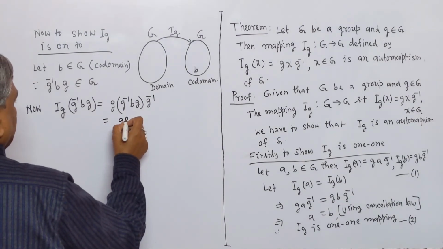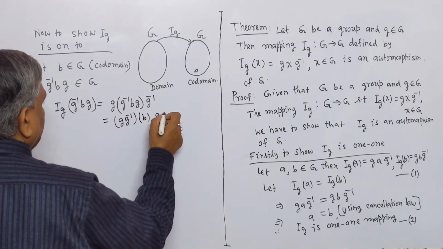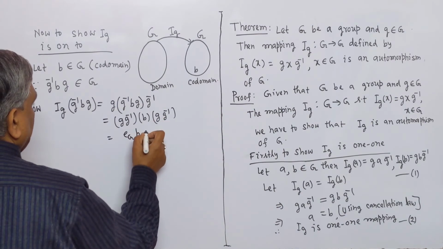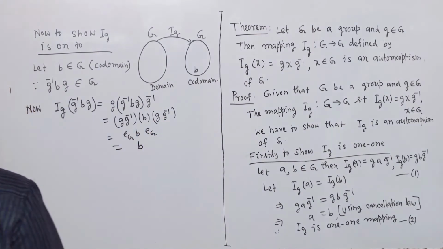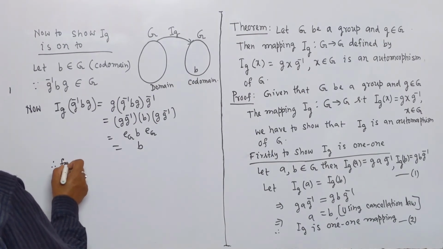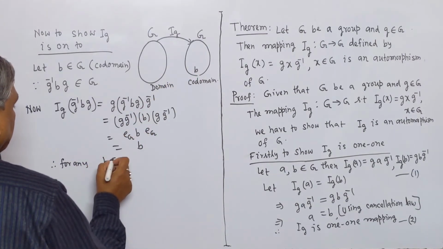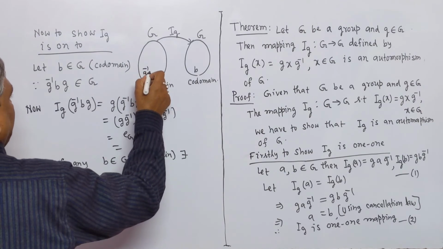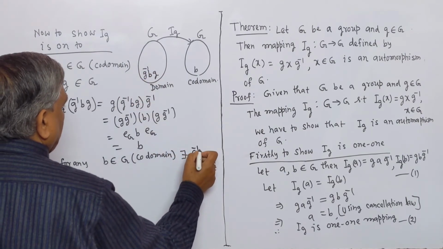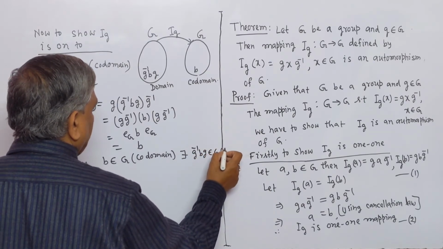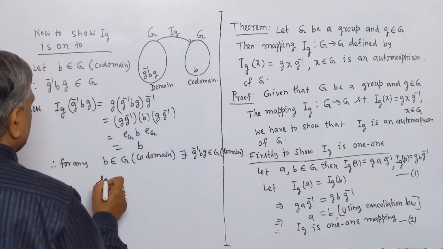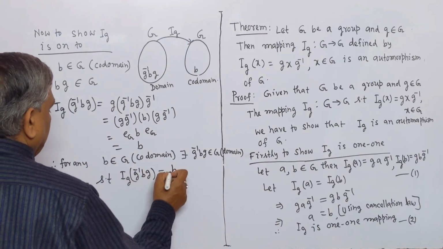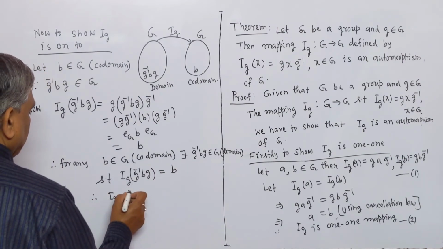This is the identity element of group G, and this is also the identity element of group G. This is equal to B. Therefore, for any B belongs to group G codomain, there exists g inverse B g belongs to G domain such that I_g of g inverse B g equal to B. Therefore, I_g is onto.